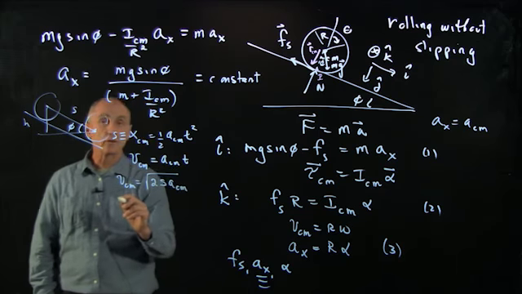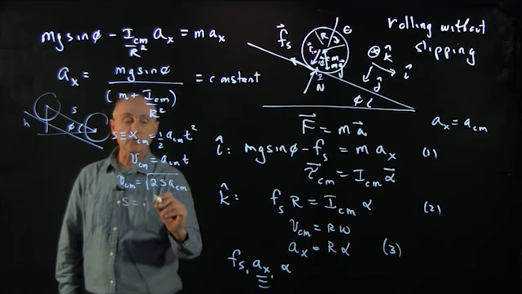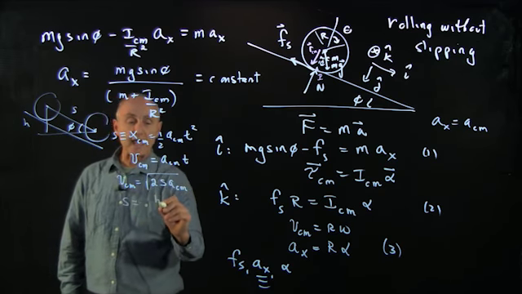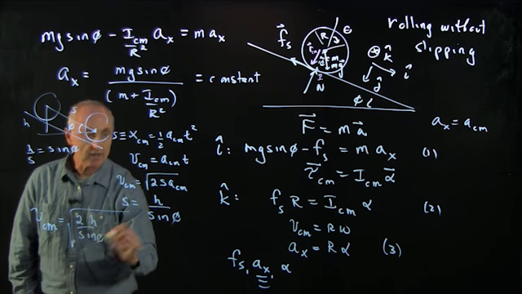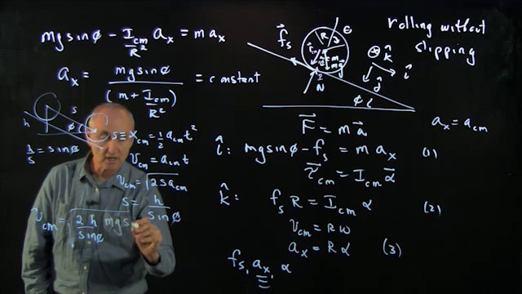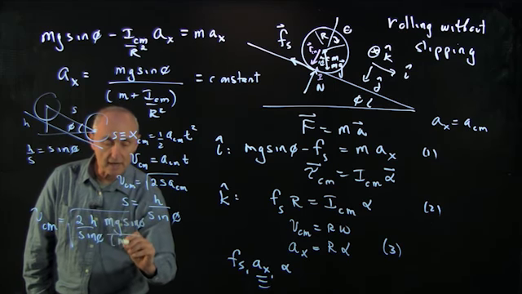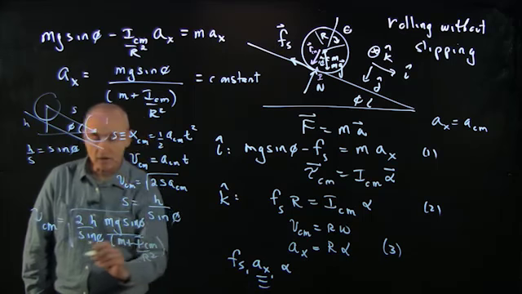Now, s is equal to h over sine phi. h over s is sine phi. And so vcm equals the square root of 2h sine phi times acm, but we've solved for acm, mg sine phi over m plus Icm over r squared.